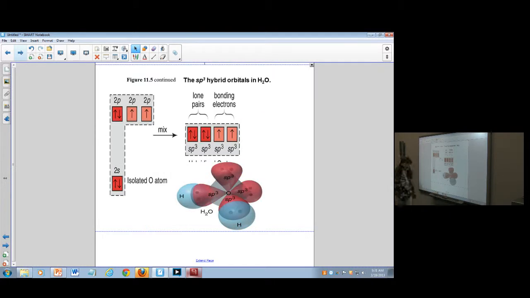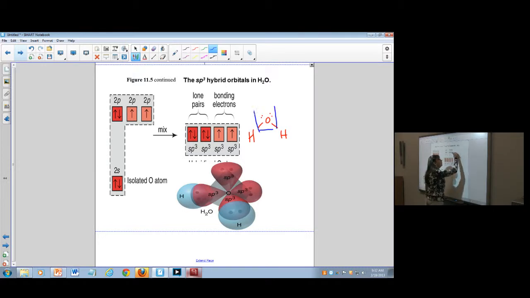So you can see the same thing with H2O. When you draw this, and let's do this according to VSEPR theory, you would end up with a molecule that looks like this. All right, so focus on the oxygen. That's our central atom for a minute. How many areas of density does it have? 1, 2, 3, 4. I need 4 hybrid orbitals.